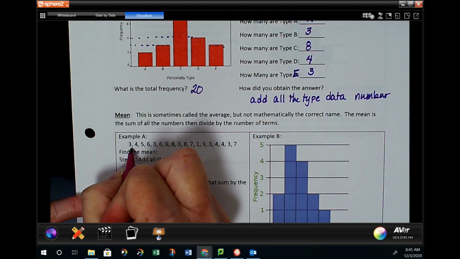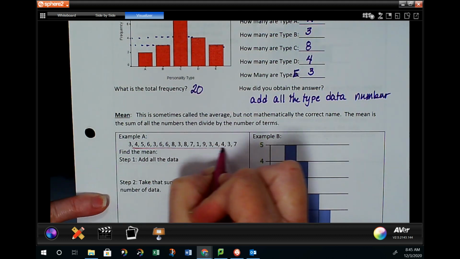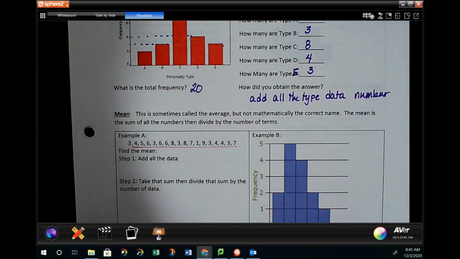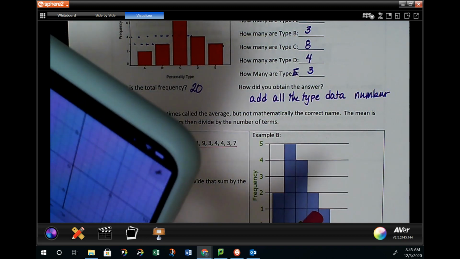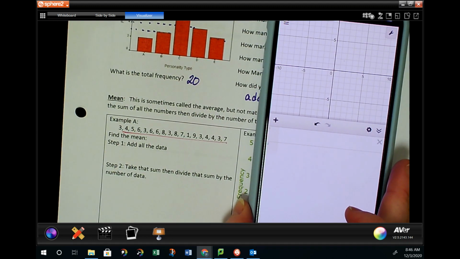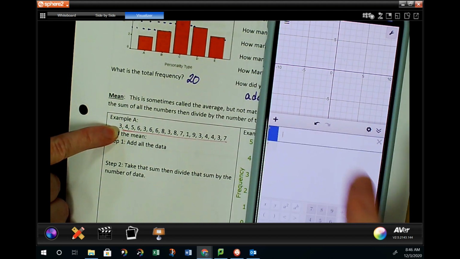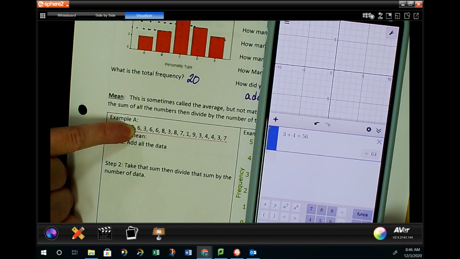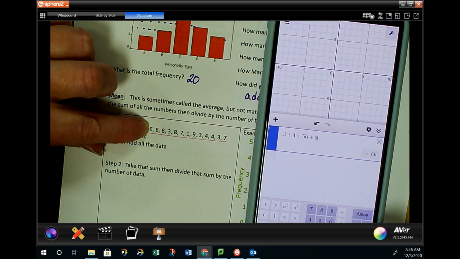So for the mean, I'm going to add all this data. I'm going to take all of these numbers and add them up. This is where you're going to use your little Desmos. So all I do is I type this in. You can see that. So I'm going to go 3 plus 4 plus 5 plus 6 plus 3 plus 6 plus 6.